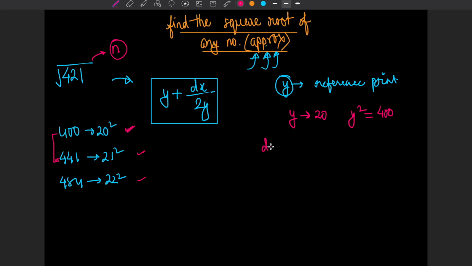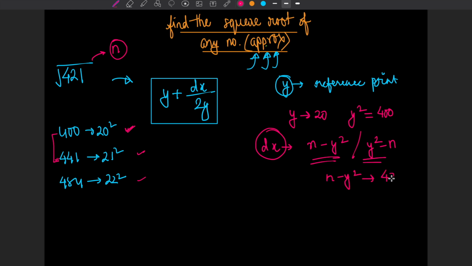So what is dx? Dx is nothing but n minus y square, or y square minus n, whichever is greater. We cannot have a negative answer over here. We have to have a positive dx. So in our case, since 421 is greater than 400, it's n minus y square.